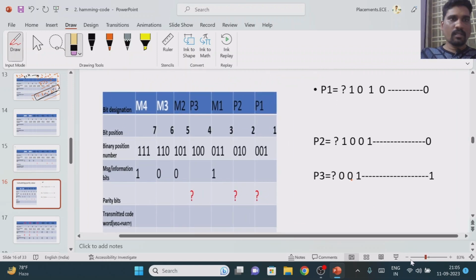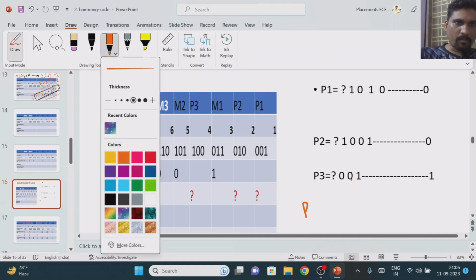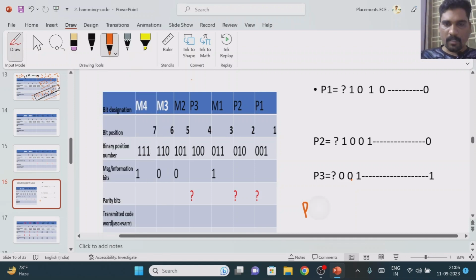One more important point to remember: if you are going to compare parity bits, we need to compare the parity bit with the other message bits. P1 should be compared with M1, M2, M3, M4 only. Remember that a parity bit should not be compared with parity bits.